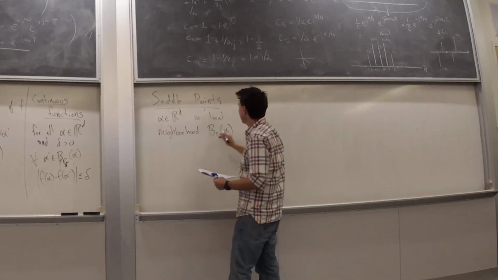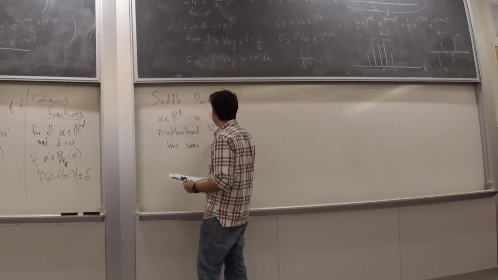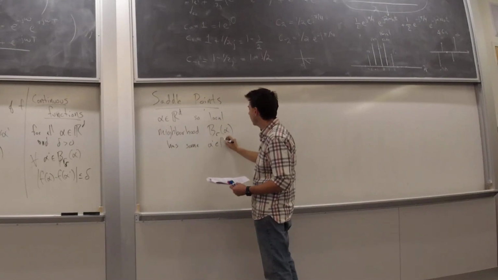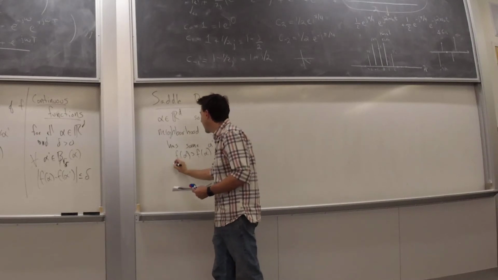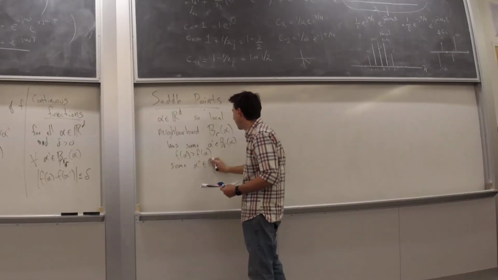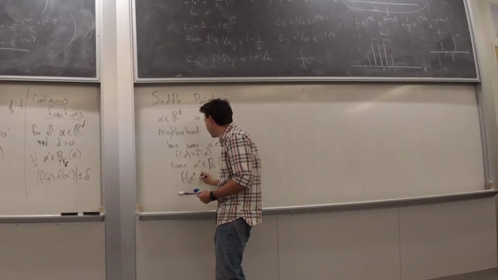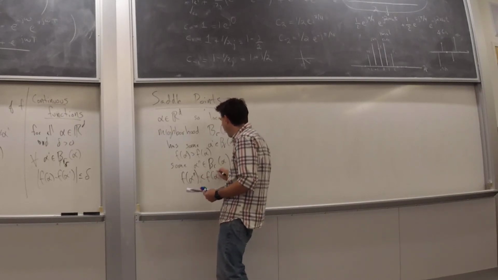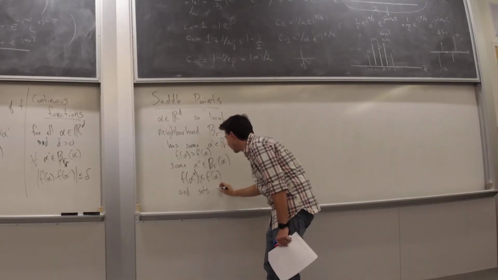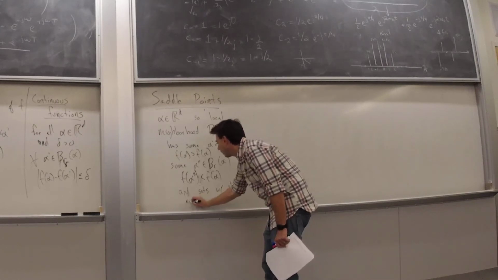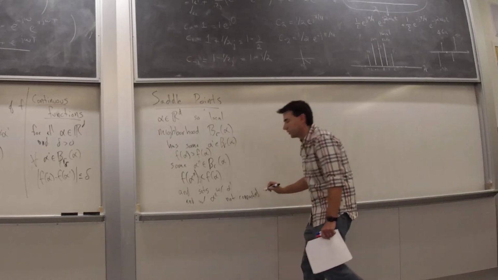The local neighborhood around alpha has some alpha prime such that f of alpha prime is going to be greater than f of alpha, and some alpha double prime where f of alpha double prime is going to be less than f of alpha, and you need another condition that the sets with alpha prime and with alpha double prime are not connected. So these points are not connected.